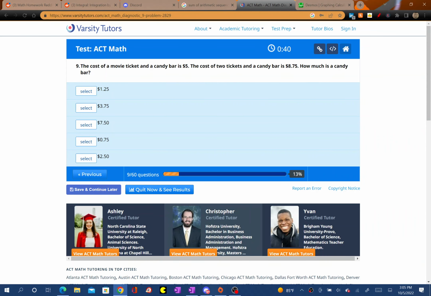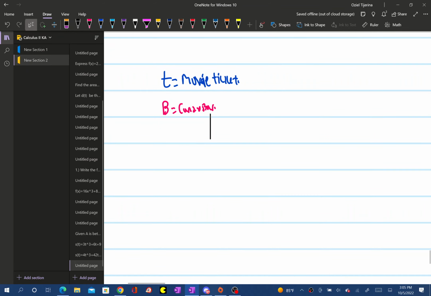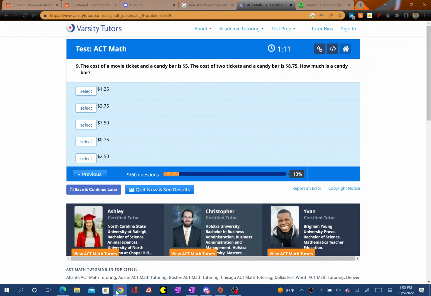And they're saying that the cost is $5, meaning that for one candy bar and one ticket, it'll be $5. And then it's saying the cost of 2 tickets and 1 candy bar.